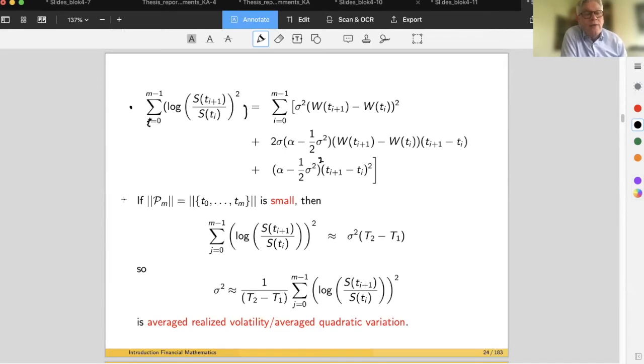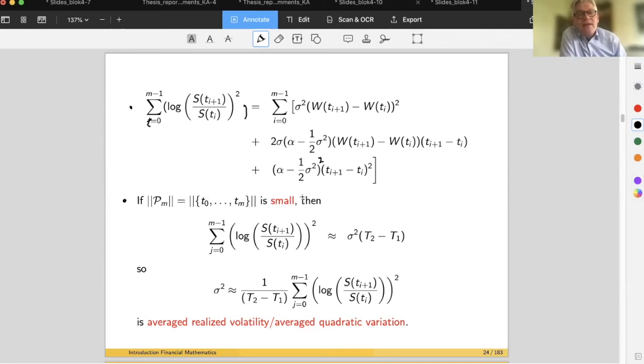And now again, we will look at a partition for which the mesh is small. So we have a fine mesh, t0, t1, etc. We will have many grid points and the mesh size in between is small.